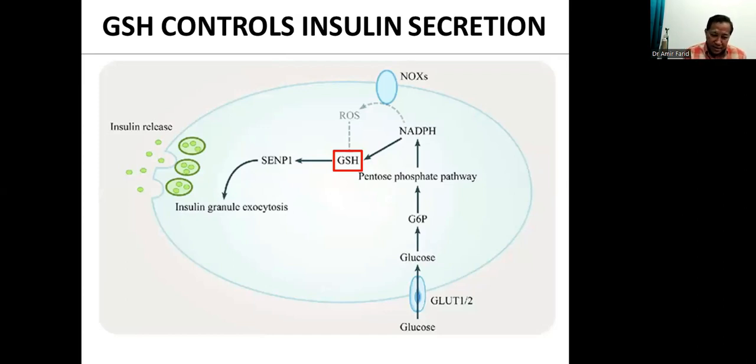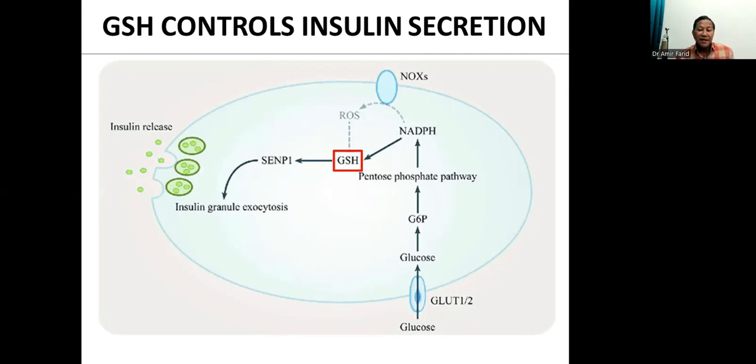Because the insulin actually is produced and stored in small pockets. These insulin granules are then released from the pockets to the external part of the cells. So there are many factors involved, but glutathione is one of those important factors that regulate this release.